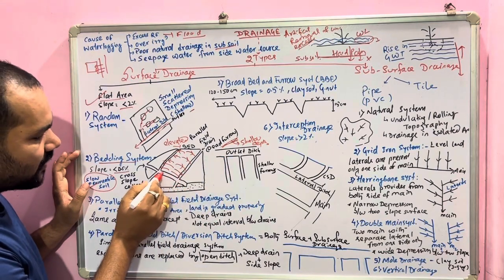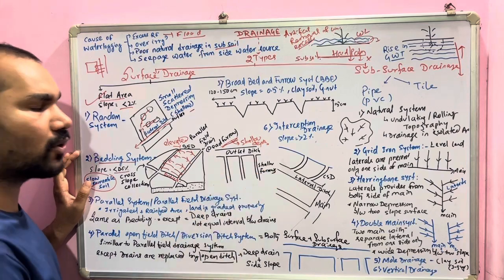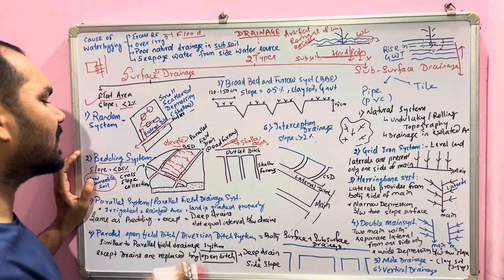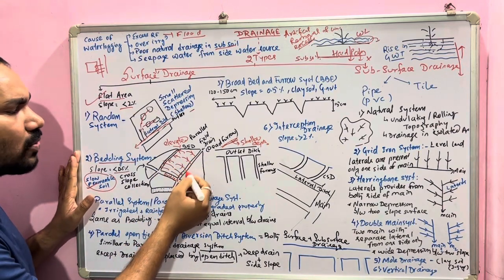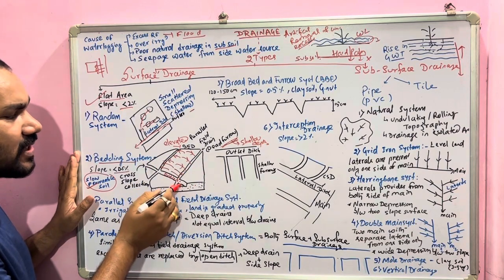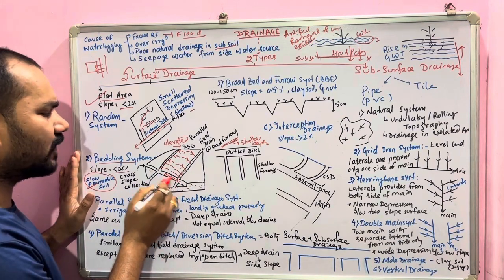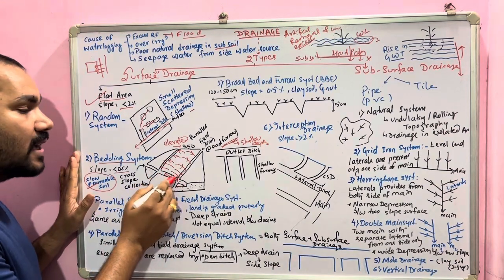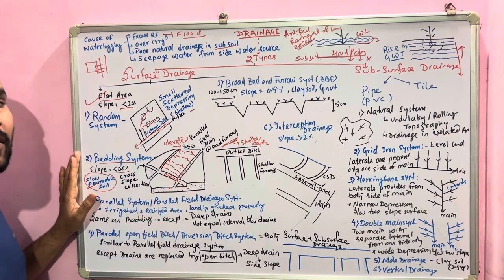This is my outlet. All the shallow furrows, dead furrows will connect to the outlet ditch. Here you can see the dead furrows are parallel to the slope of the land, whereas this ditch is across the slope of the land, because in this outlet ditch maximum amount of water will flow, hence it is placed across the slope in order to reduce the soil erosion.